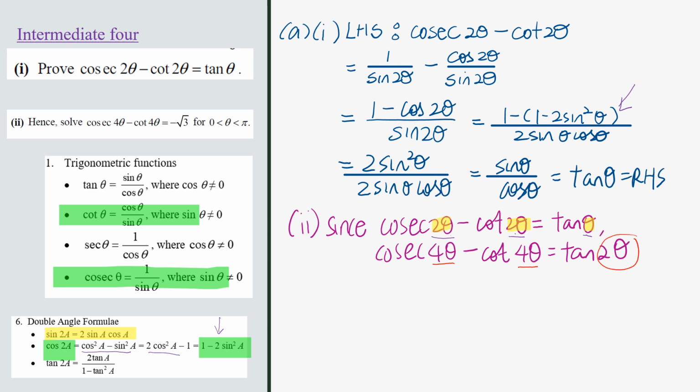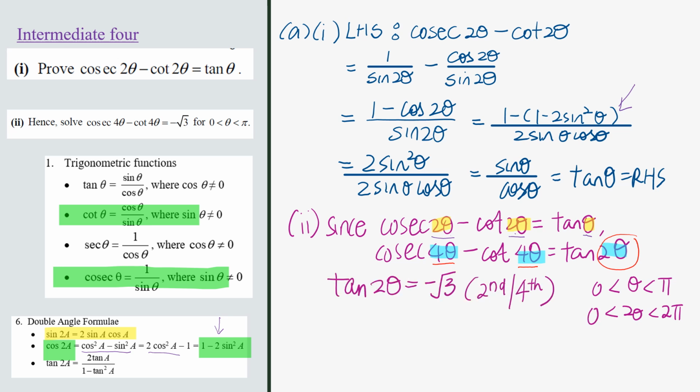So I've just highlighted to you the relationship among them. So I can actually just use tangent 2 theta equals negative square root 3. Because theta is supposed to be between 0 and pi, and we are dealing with 2 theta, the range will have to be between 0 and 2 pi. For tangent to be negative, the angle will come from the second and fourth quadrant.